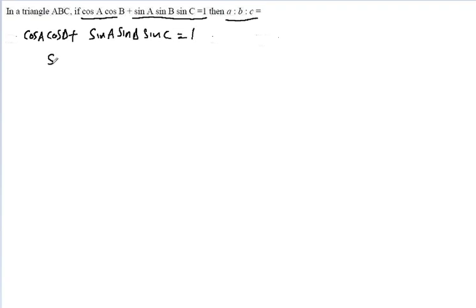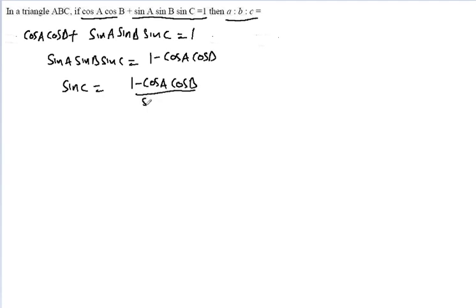From this, sin A sin B sin C is equal to 1 minus cos A cos B. From this, sin C is equal to (1 minus cos A cos B) by (sin A sin B). We know that the value of sin C is always less than or equal to 1.